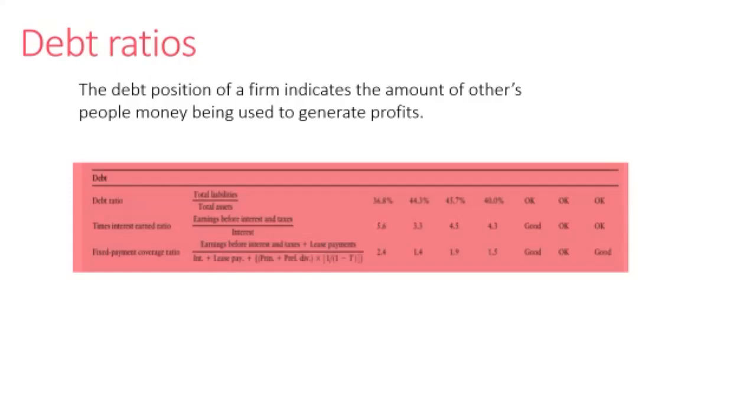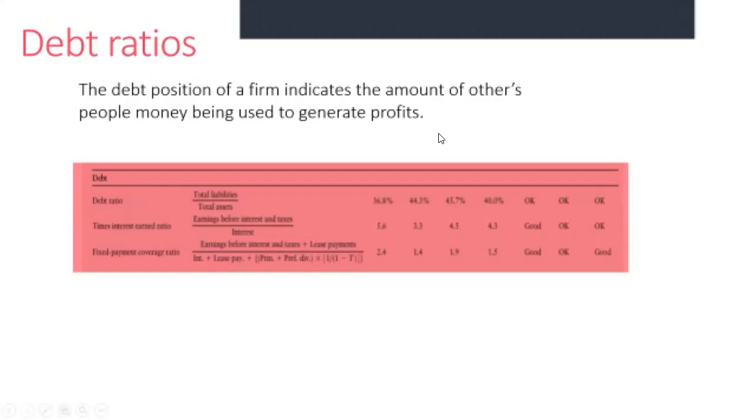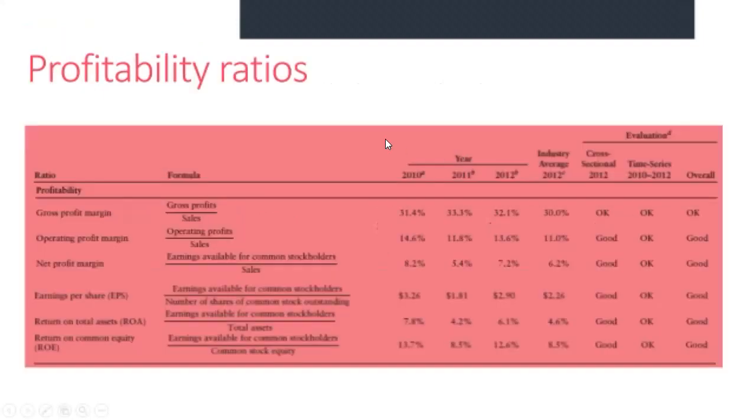Fixed payment ratio, and you will look at all those things, and sometimes you find them in the income statement, or you find them in the cash flow. So you really want to know how a firm is going to be able to generate profits from getting into debt.